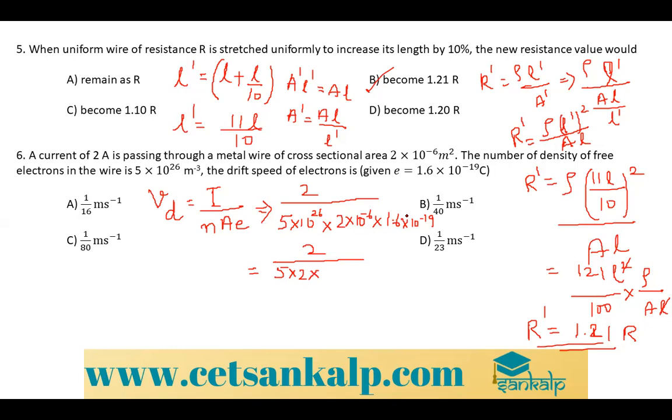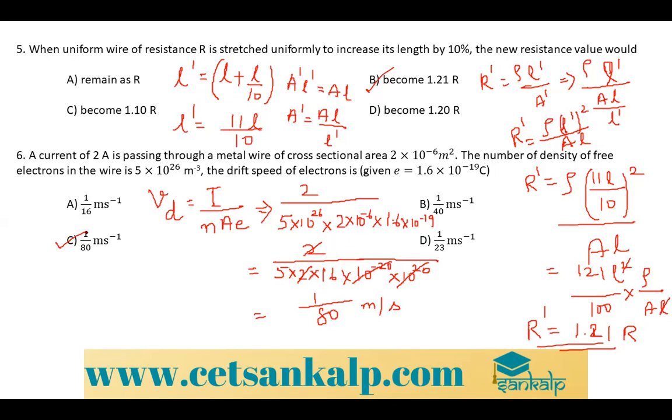If I shift the decimal, 16 into 10 to the power minus 20 into 10 to the power plus 20. The powers cancel, 2 and 2 get cancelled. So 1 divided by 16 into 5 is 80 meter per second. So option C is the right answer.